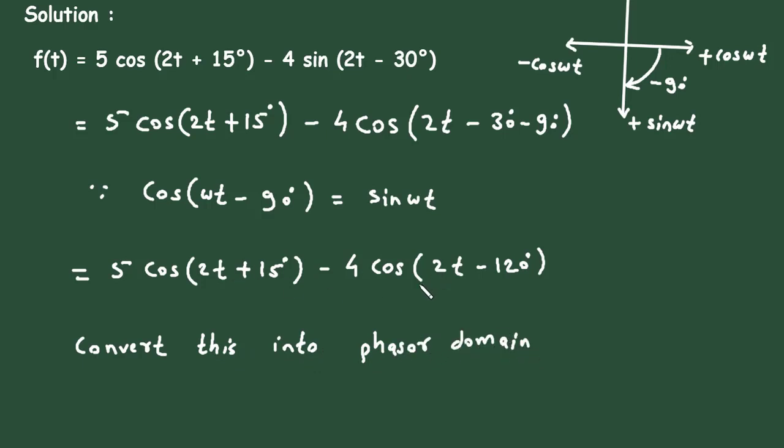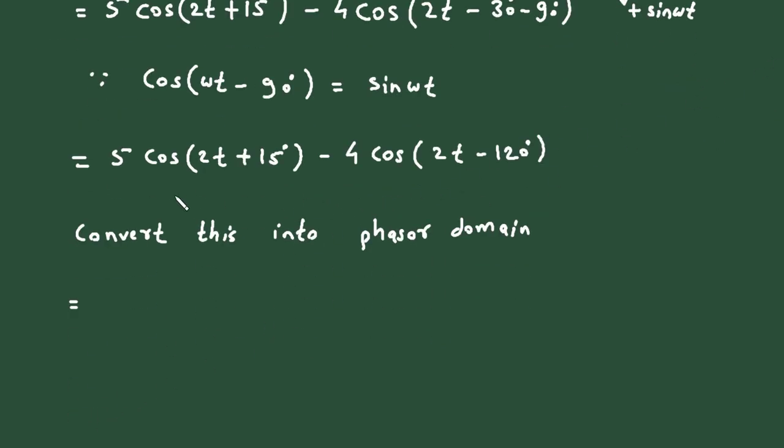This is currently in time domain format, so in phasor domain this will be 5 at an angle 15 degree minus 4 at an angle minus 120 degree.